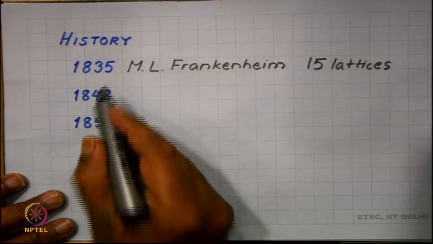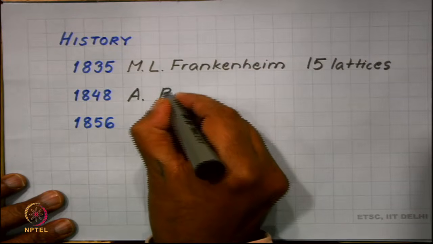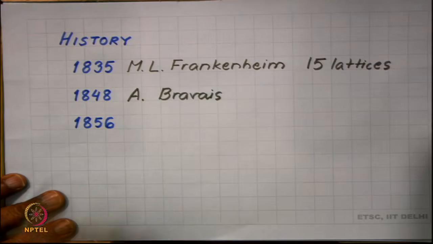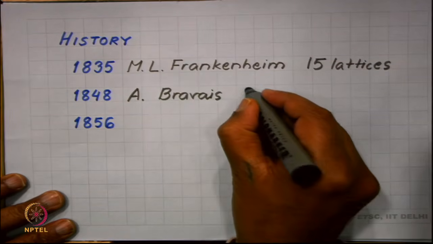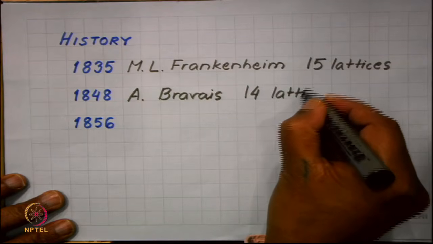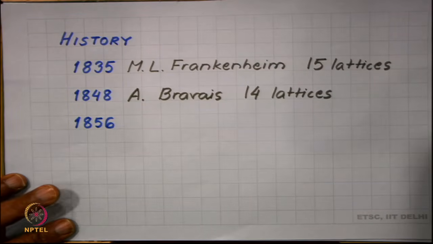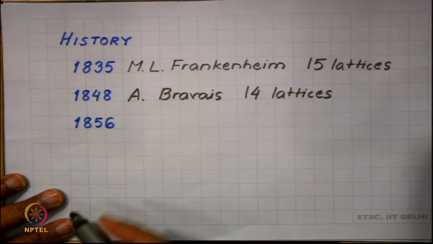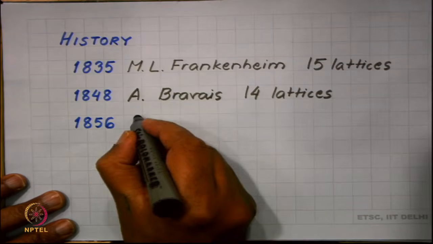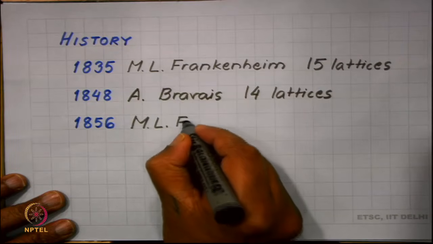Then 13 years later, Bravais identified this mistake and gave his corrected list of 14 lattices. Without seeing Bravais' result, Frankenheim 8 years later in 1856 also corrected his own mistake and came up with 14 lattices.